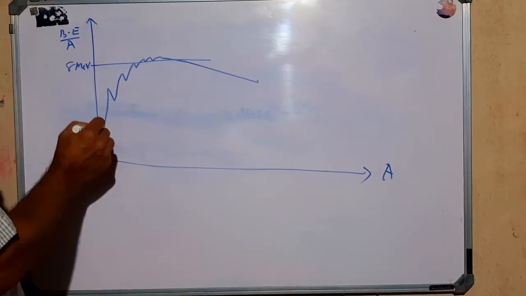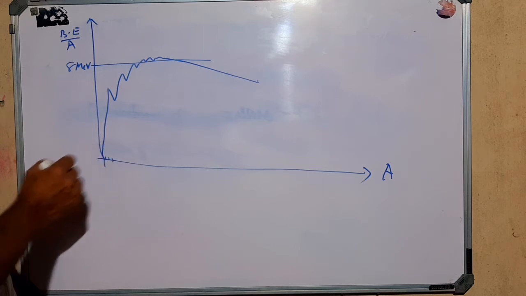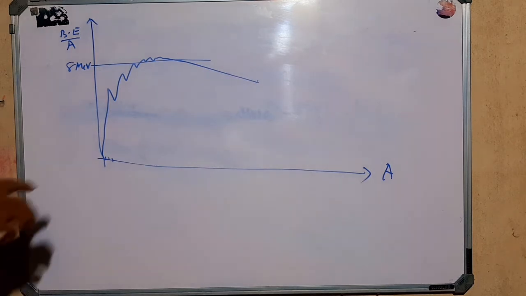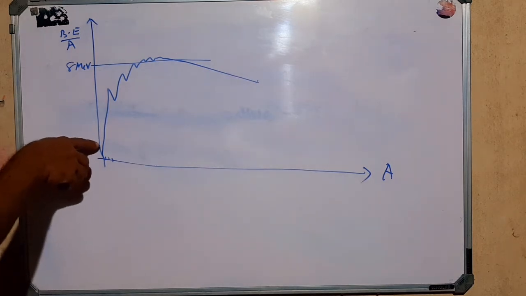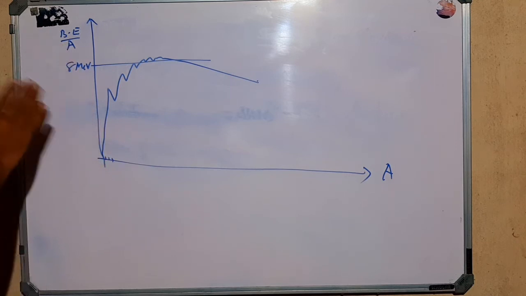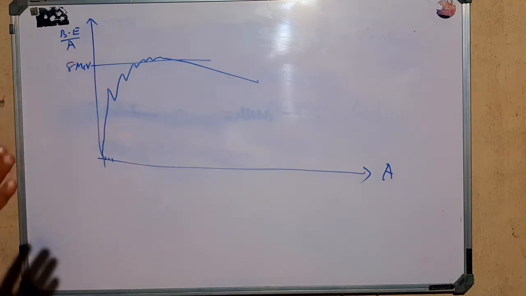Here you can observe that when the mass number is small, the binding energy per nucleon is small. That means binding energy is very small.